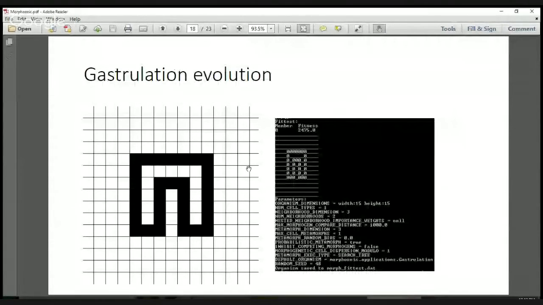Okay, so let's go back to this thing and go on to the next application. And this is a gastrulation evolution. So before we evolve it, let's actually look at the gastrulation itself to see what we're evolving.